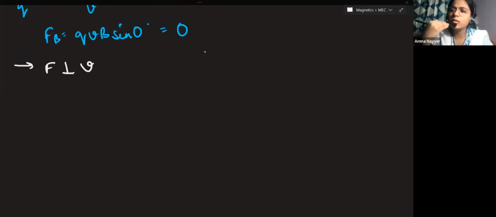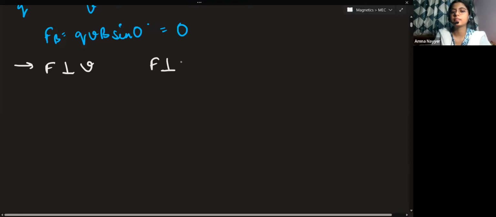Reason is that velocity is basically the rate of change of displacement. It means if force is perpendicular to velocity, then force is also perpendicular to displacement. And if force becomes perpendicular to displacement, see what will be the work done. Right now I had told you that this is F dot s, and when we have dot product, we write it as Fs cos theta.